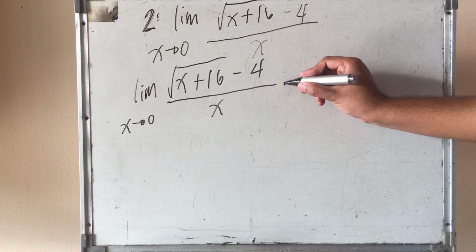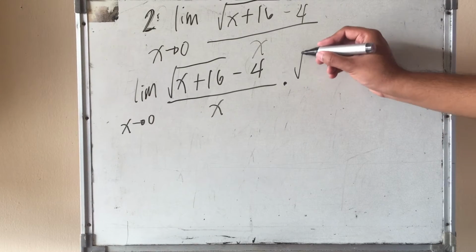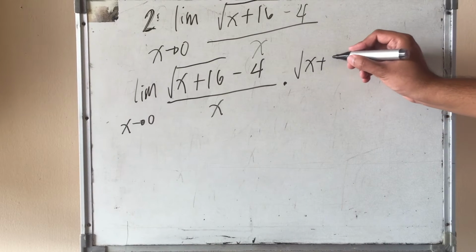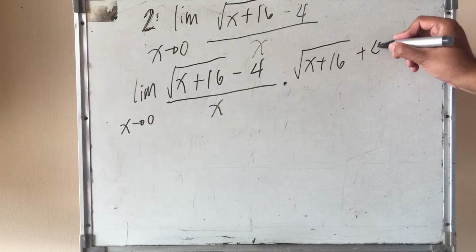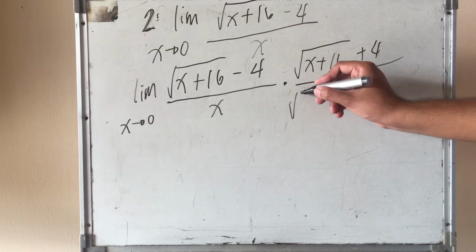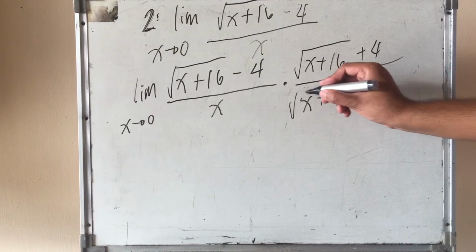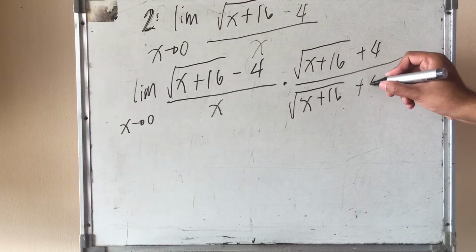Rationalize. So this is equal to the square root of x plus 16 plus 4 divided by square root of x plus 16 plus 4.